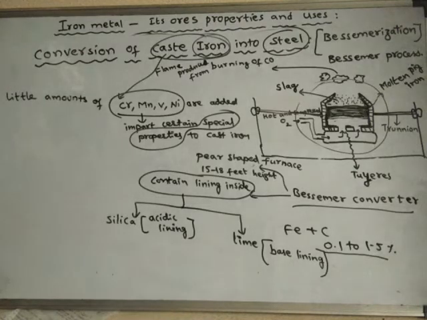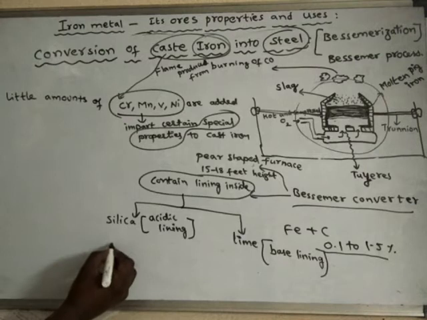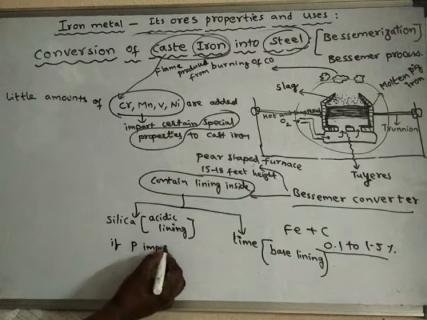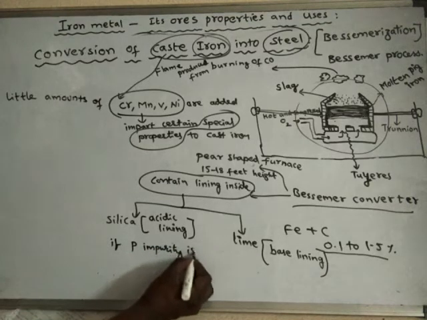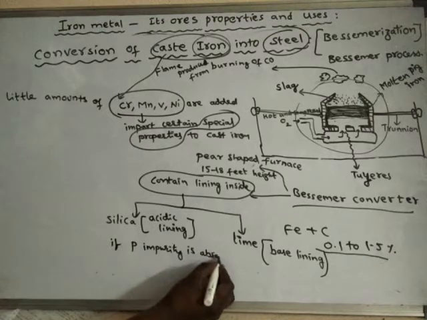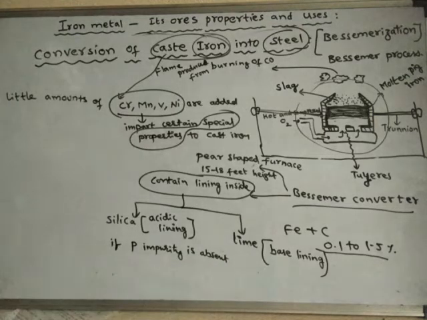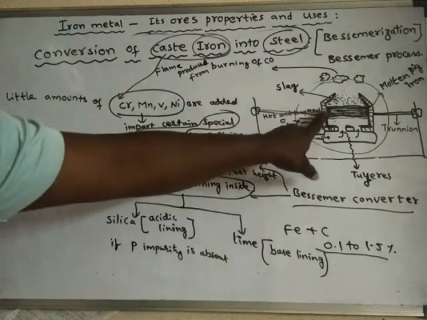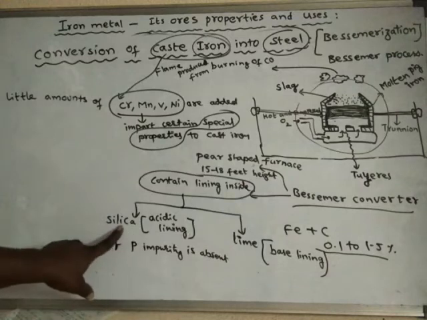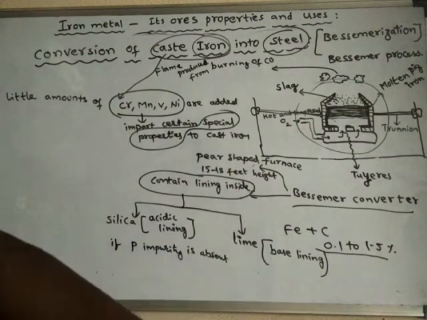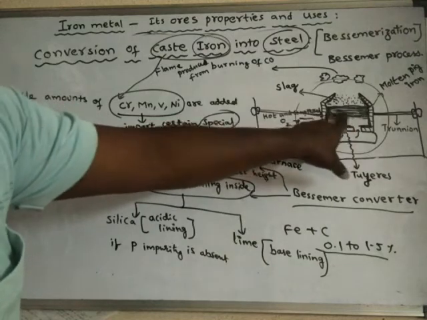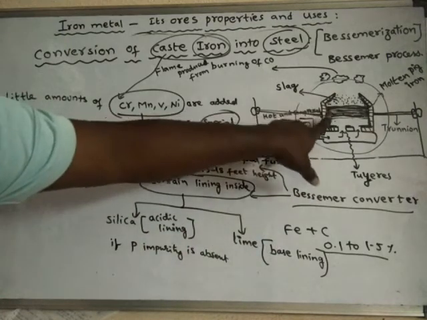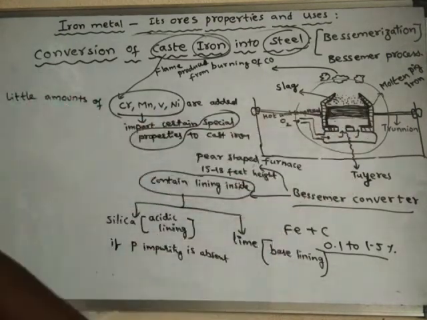If the pig iron is free of phosphorus impurity, then we use a Bessemer converter having an inner lining of silica. Suppose phosphorus impurity is present in the pig iron, then we should not use the silica-lined Bessemer converter.